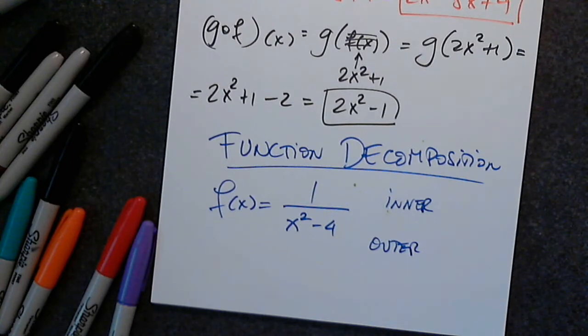If you ask me to evaluate this function for 10, which operation will I perform first? Any number. 15. 2. I can't for 2 because it will be 0. Let's say 1. From what I see, 1 over x squared minus 4, which operation will I perform first when I replace x by 1?